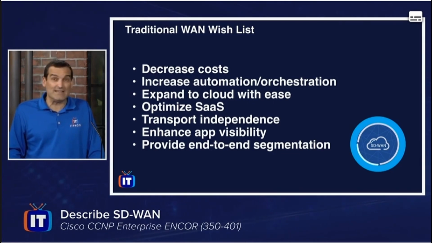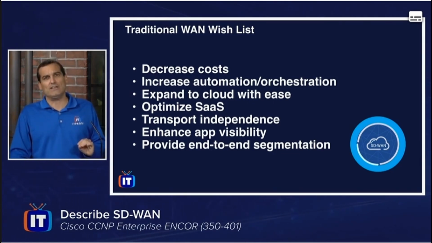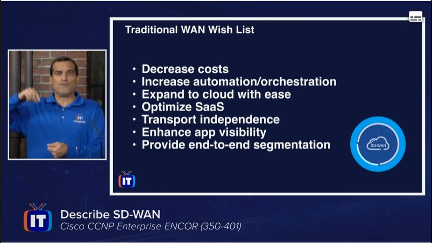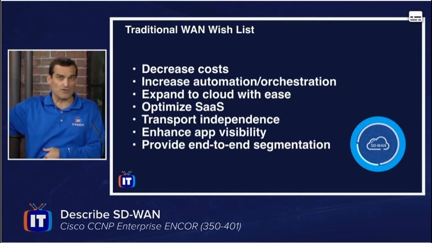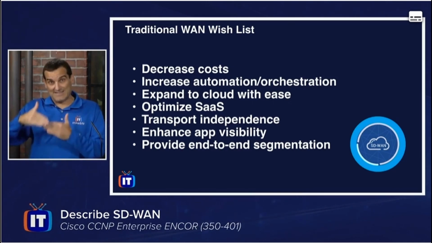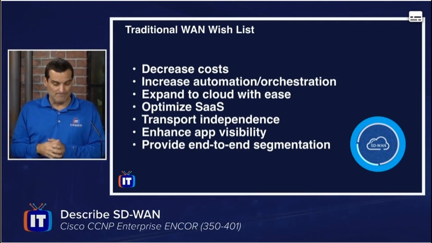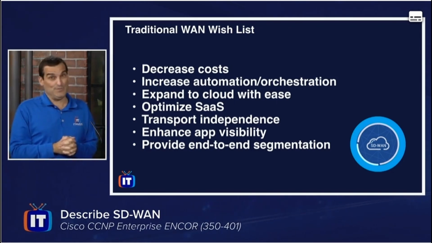Enhance app visibility. So when we have an application that is running from the branch office to headquarters and then to another branch, we want visibility into that application. And finally, end-to-end segmentation. That would be nice.